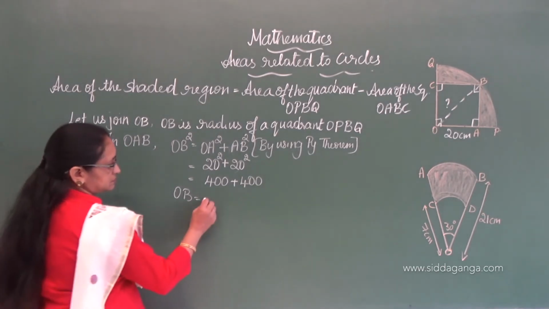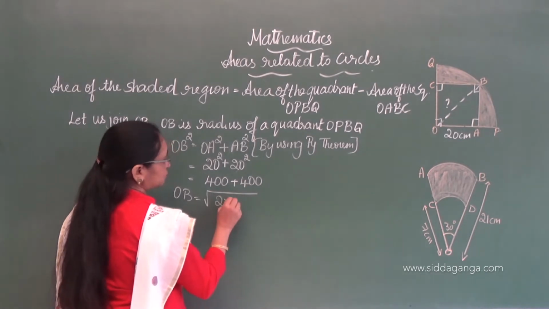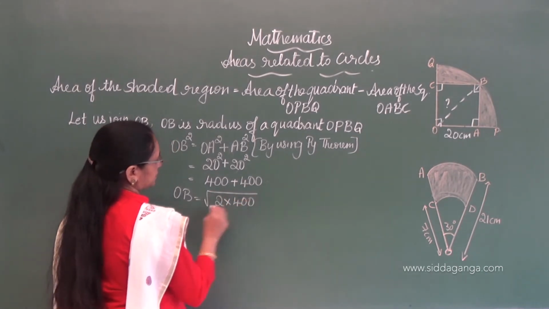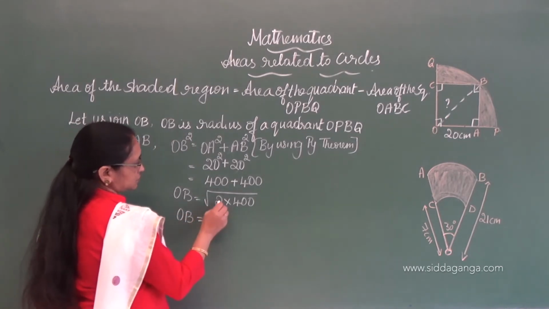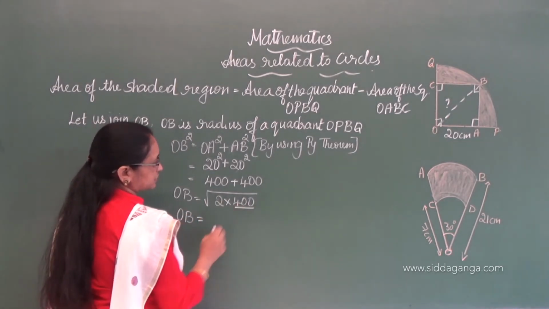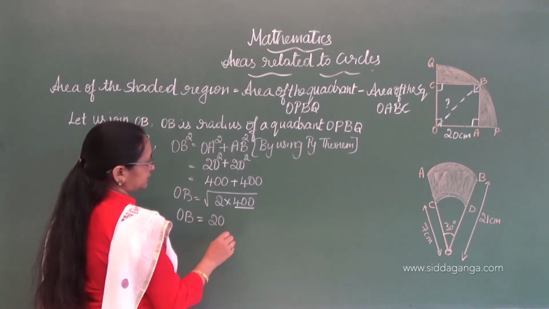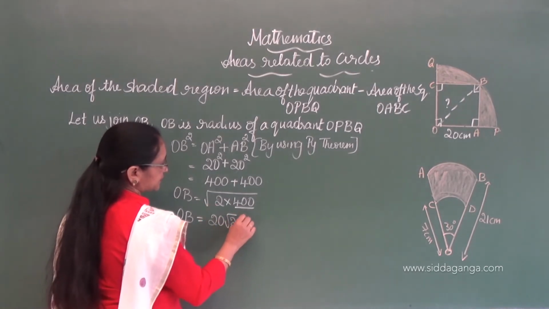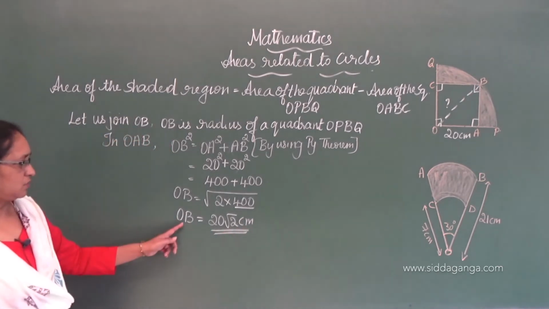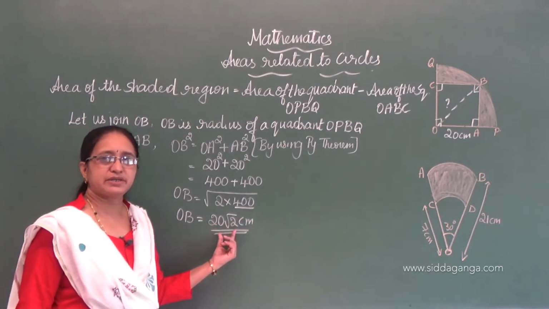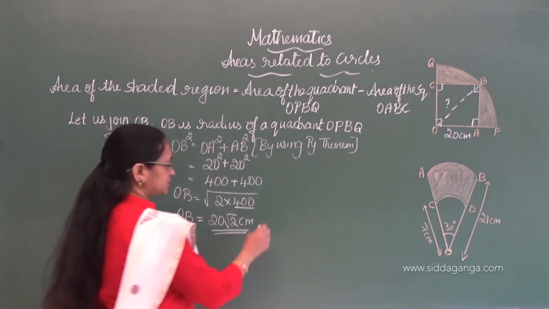But you can write like this also, 2 into 400, yes or no? Because I am using square root, I am doing this method. Now, what is the square root of 400? You all know it is 20. So OB is 20 root 2 centimeter. Okay, now OB is the radius and it is 20 root 2.